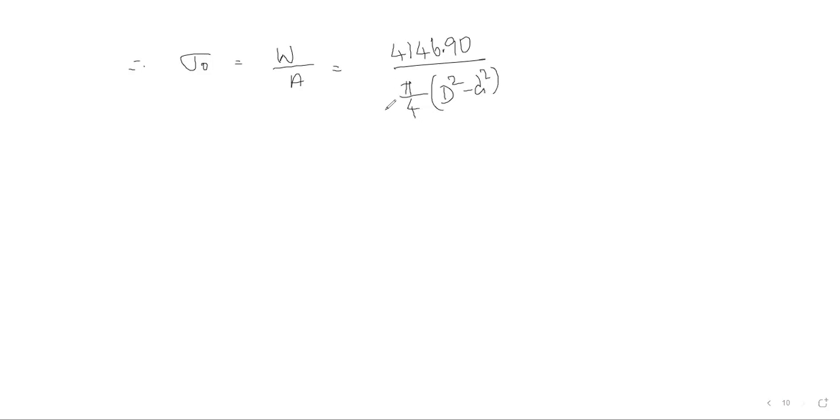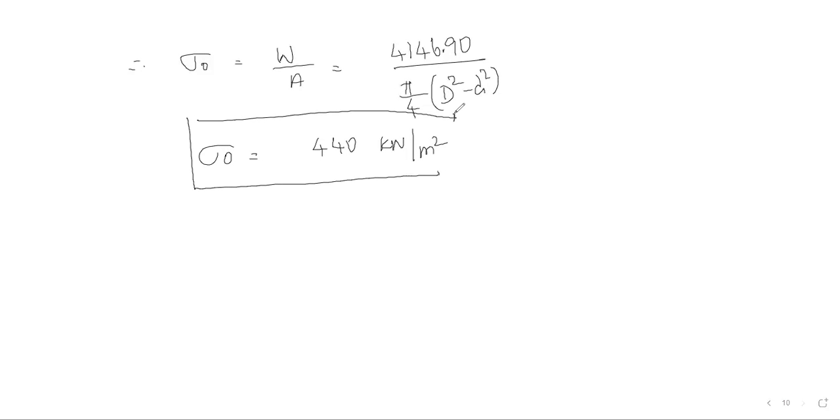So we are getting sigma naught is equal to 440 kilonewton per meter squared. So this is the value of direct stress.